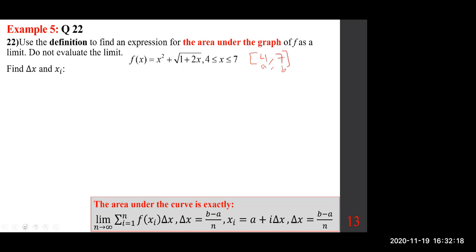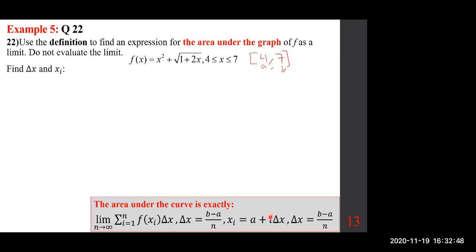All right. So we can calculate delta x: b minus a, 7 minus 4, over n. And then x sub i is a plus i delta x, class, okay? x sub i is a plus i times delta x. That is the ith one, if you remember, and you go back to those definitions, starting with a plus i delta x.